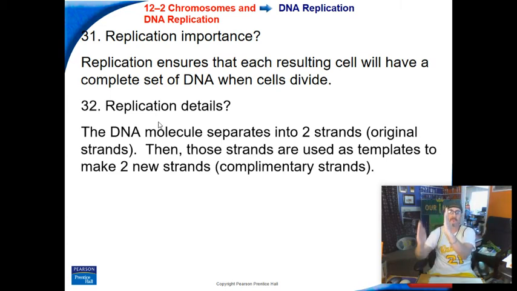Over here, this was the original or old strand. DNA polymerase brings in new nucleotides to make the new complementary strand, and you end up with 2 double-stranded molecules that are identical after it works. So new and complementary mean the same thing in terms of the strands. Old or original mean the same thing in terms of the strands.